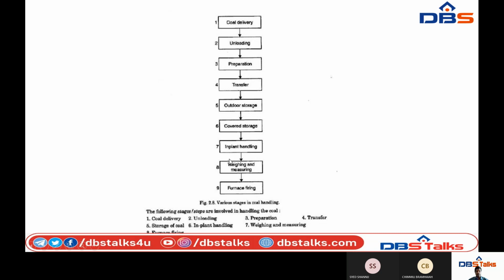If I have to collect a 10 mm piece of coal, then I measure the particular piece of coal and send it to furnace firing. This is about coal handling. In this, we have 9 steps, or a 9-procedure process, from coal delivery to furnace firing.